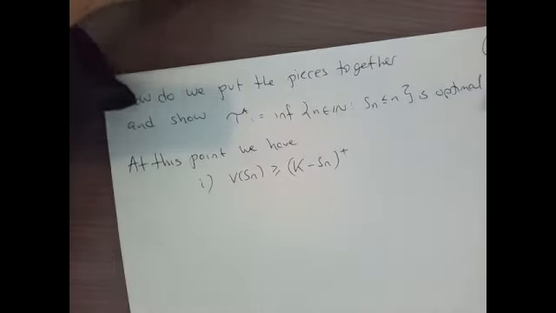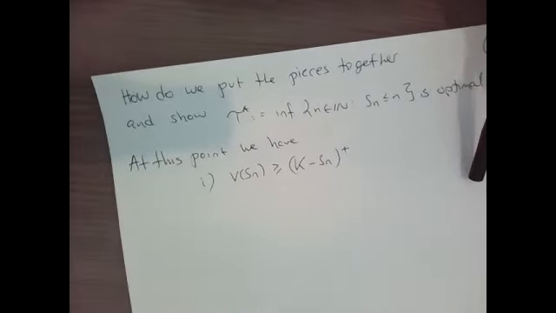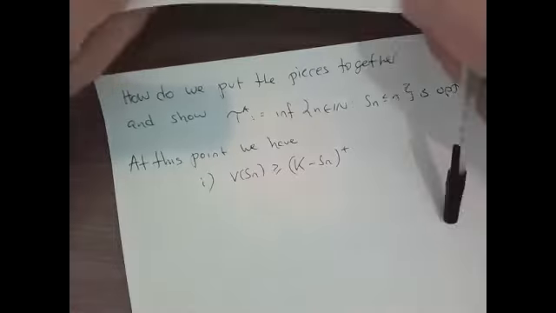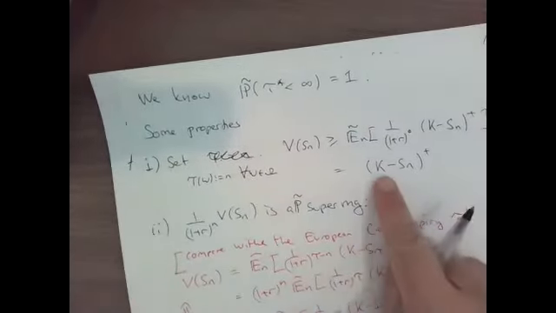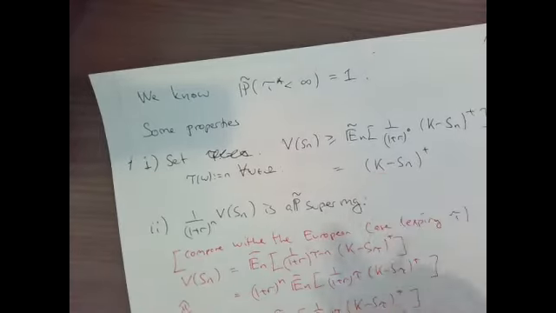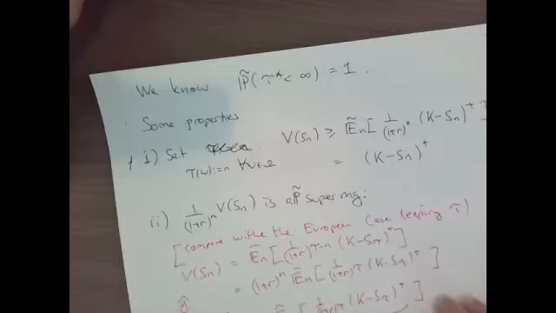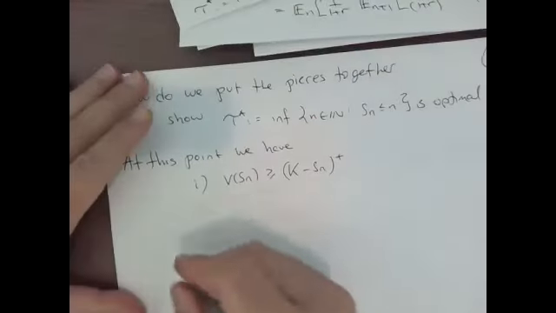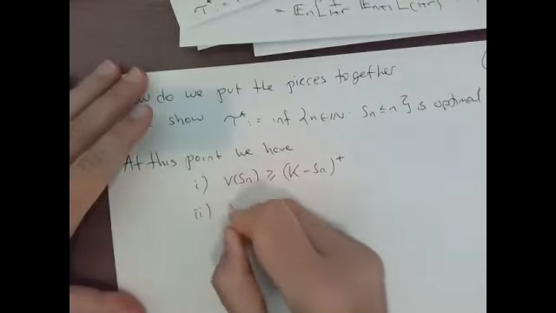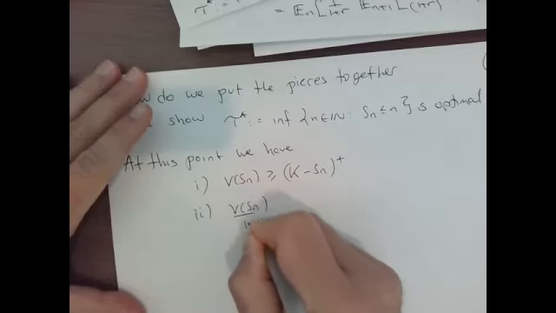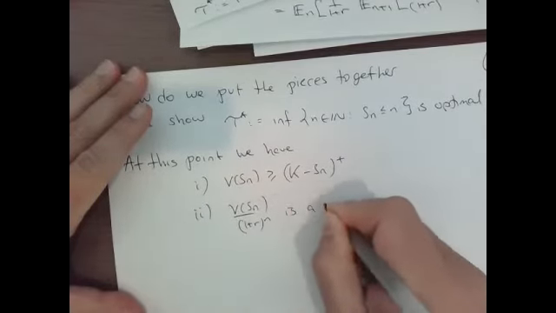That was one of the first sanity checks we had, on page 2. When I take the function that we had on the first page, it dominates the obstacle. The second sanity check we had was that V of S_n divided by (1 plus R) to the n is a supermartingale.